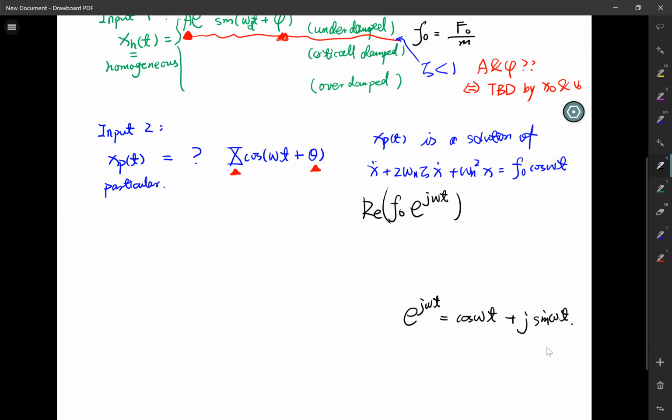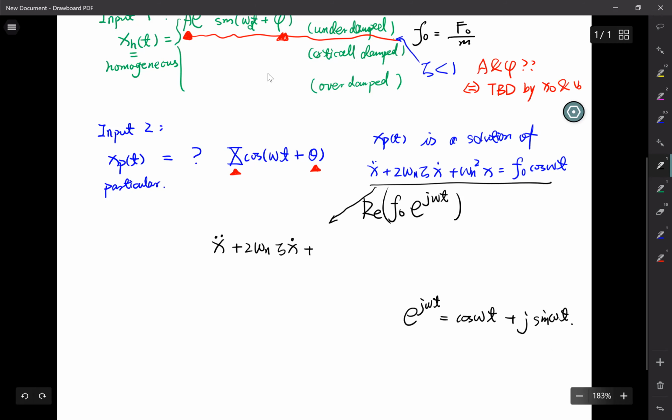So the trick is you convert this blue equation to the black one, and write it as x double dot plus 2 omega_n zeta x dot plus omega_n squared x equals F_0 e^(j omega t).